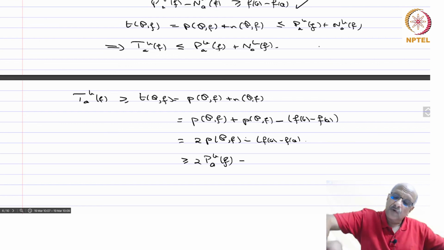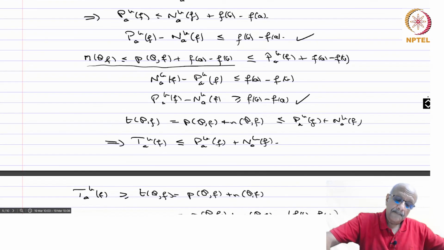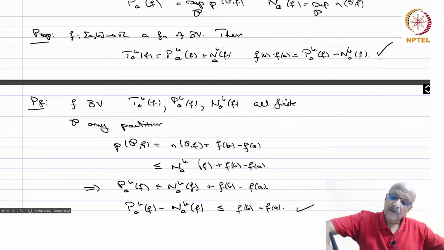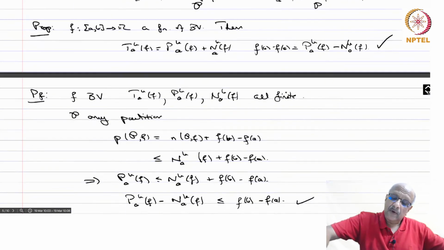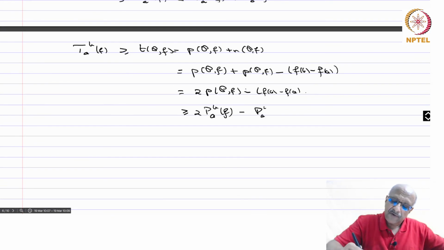I am going to use the equation there, this one, and therefore I am going to write it as minus [P_a^b(f) minus N_a^b(f)], and that will give you P_a^b(f) plus N_a^b(f).